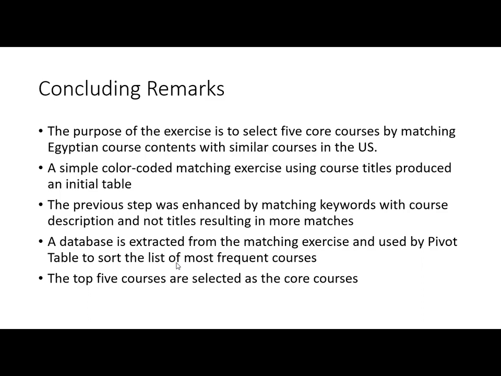A database is extracted from the matching exercise, and the database was used by the pivot table in Excel to sort the list of most frequent courses. The top 5 courses are selected as the courses as seen in the previous slide.